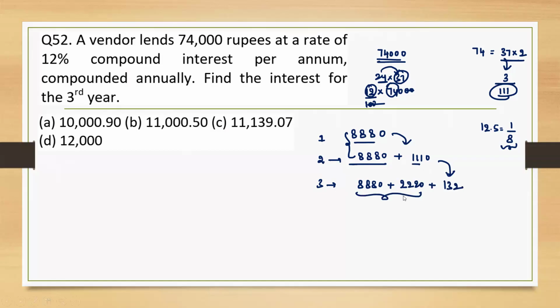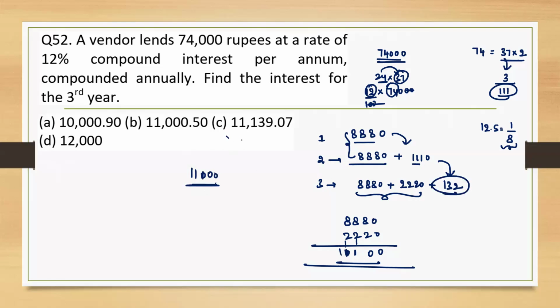So we know I'm going to get this 8880, 2220. It is 11,100. If it is 11,100 plus 132, I'm going to get very close to 11,200 and change.